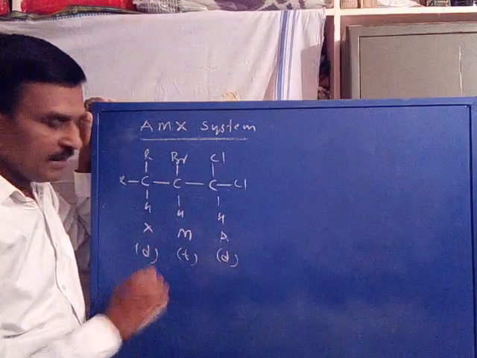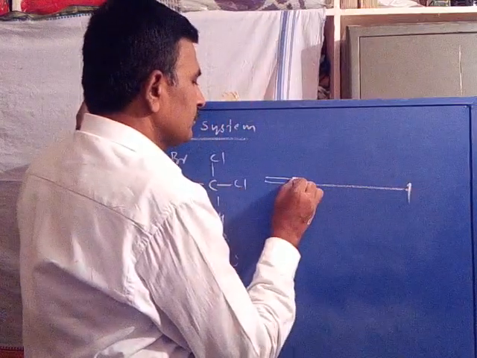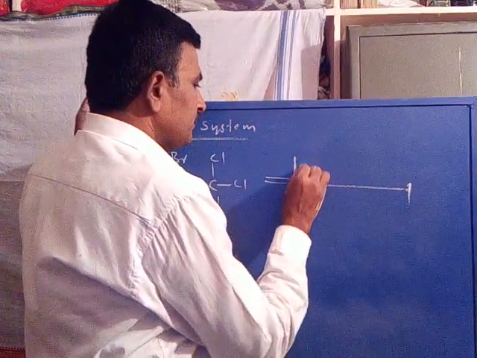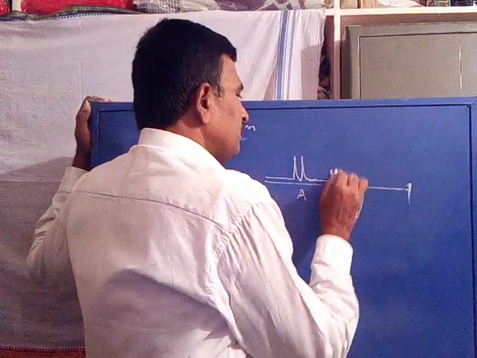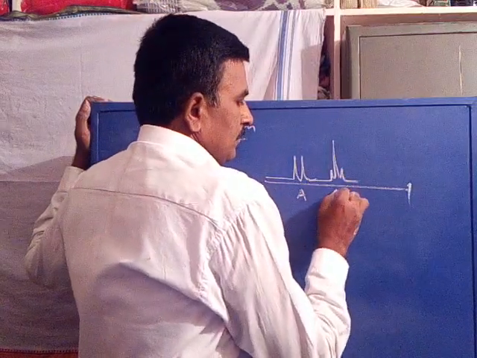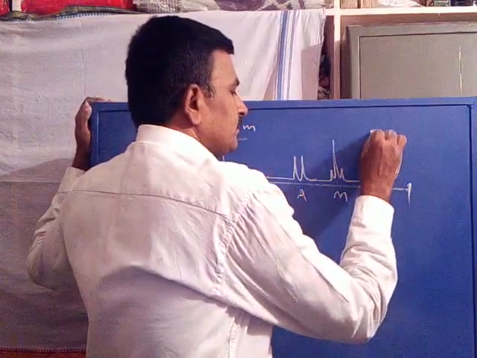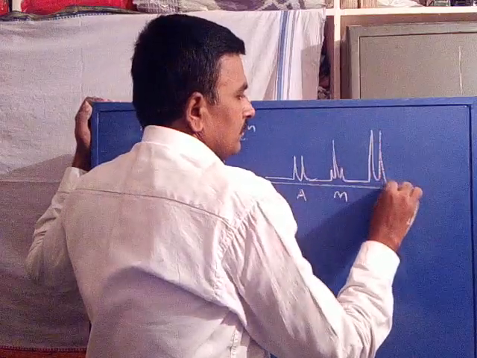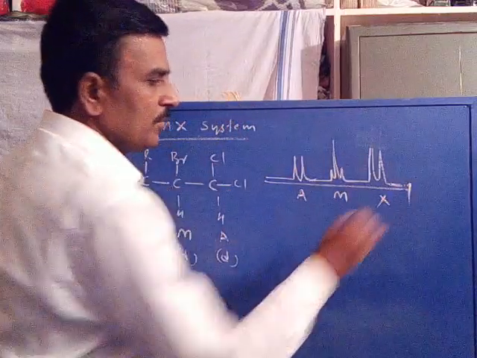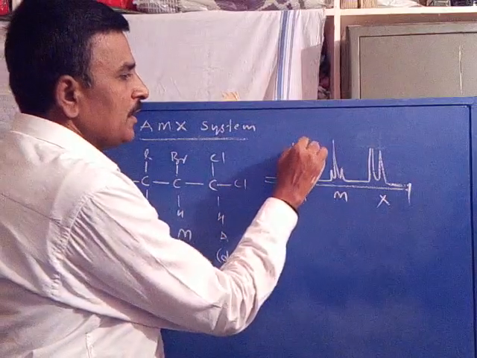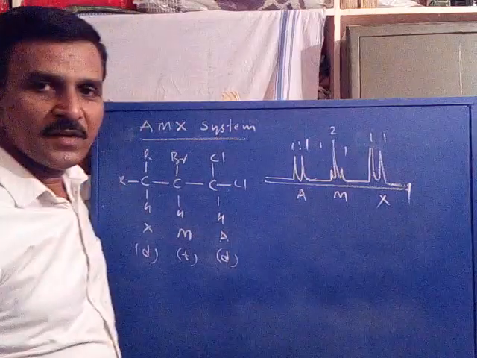So two doublets and the middle proton as a triplet: a doublet for A, a triplet for M, a doublet for X. With 1:1 intensity, 1:2:1 intensity, 1:1 intensity.